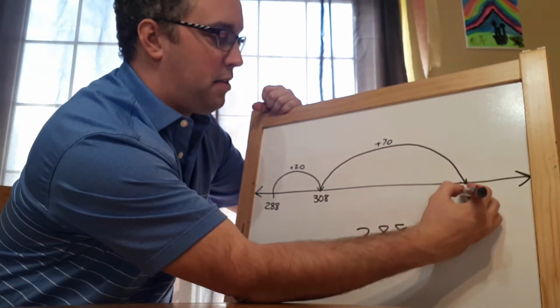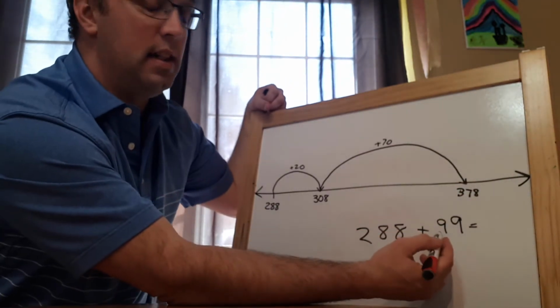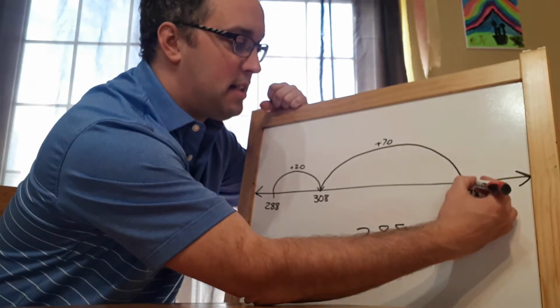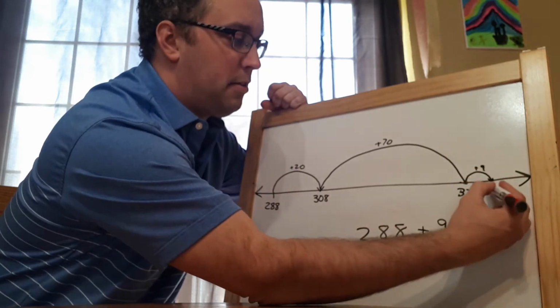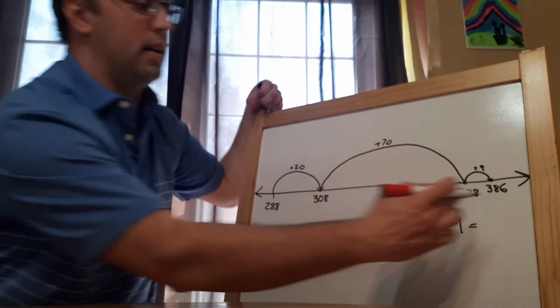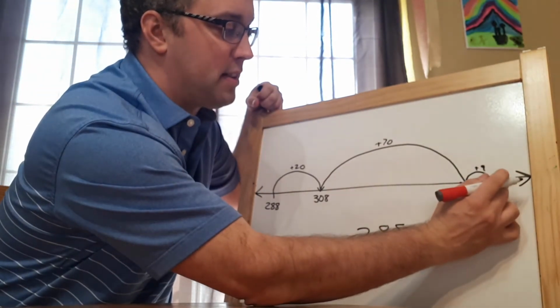That will take me to 378. So I used my 90. Now I have to add on 9 more. So if I add on a jump of 9, plus 9, that will take me to 386. Sorry, 387. See, even teachers make mistakes sometimes.